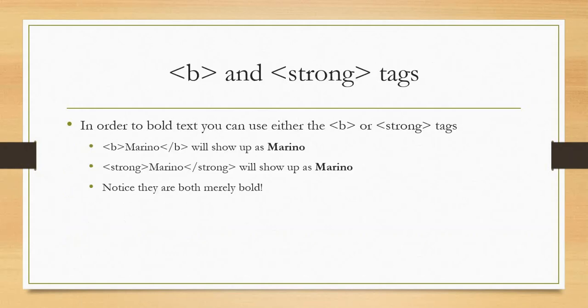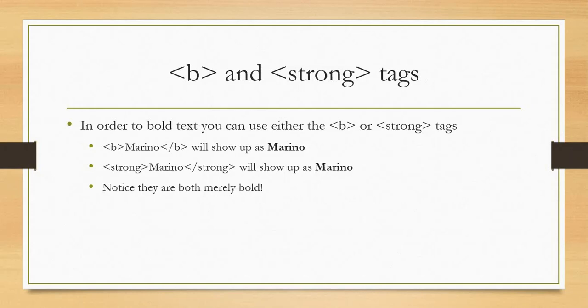So you notice that the strong and bold tags looked a little similar. You can use either one in order to bold text within HTML code. The example I provided is a bold tag with my name inside, as well as the strong tag with my name inside.